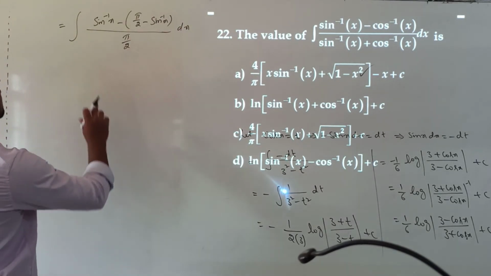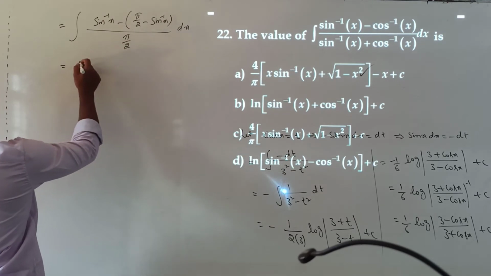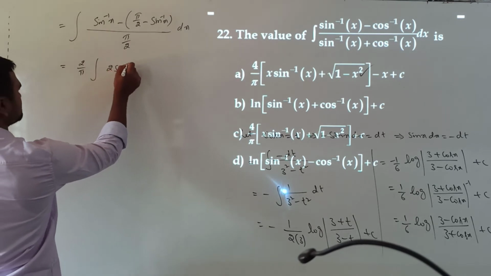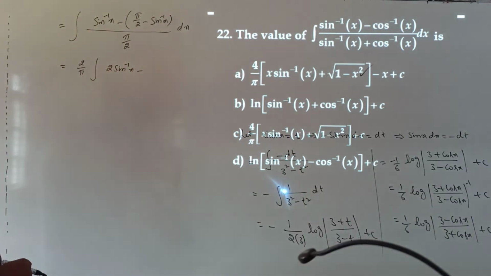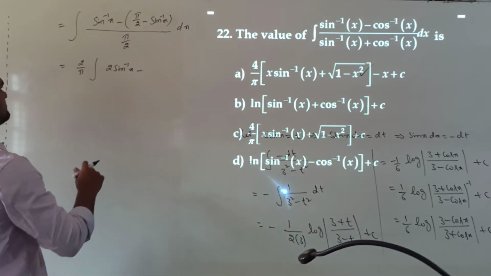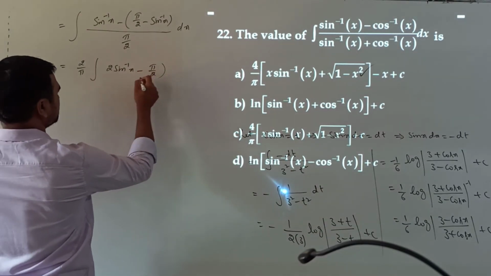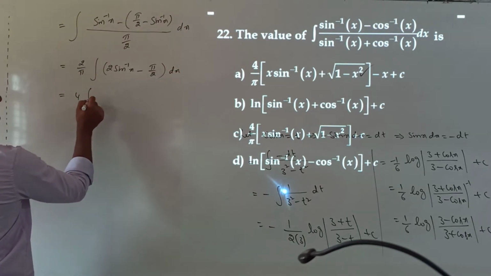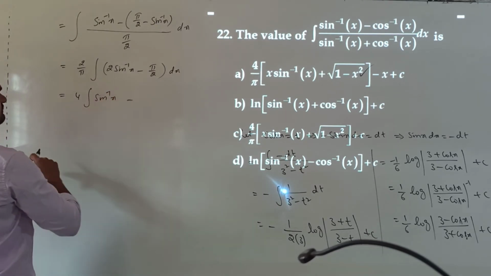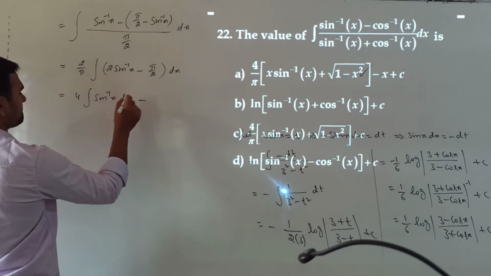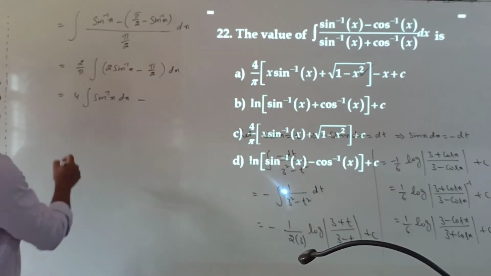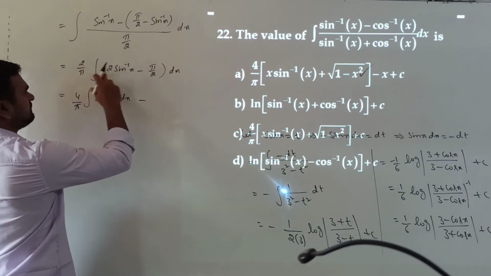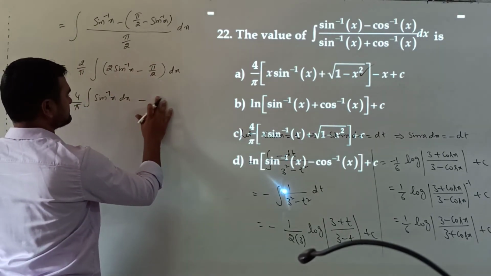Okay. Now simplifying it, we get 2 by pi integral 2 sin inverse x minus pi by 2 dx. Multiplying, 4 by pi integral of sin inverse x minus pi by 2, the 2 by pi will get cancelled, minus 1 dx.